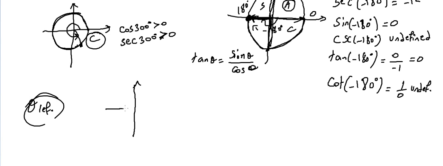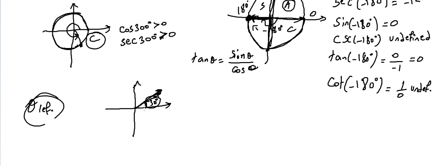For example, if theta is 30 degrees, how much is theta reference? It's also 30 degrees, because the angle between the terminal ray and the x-axis is 30.